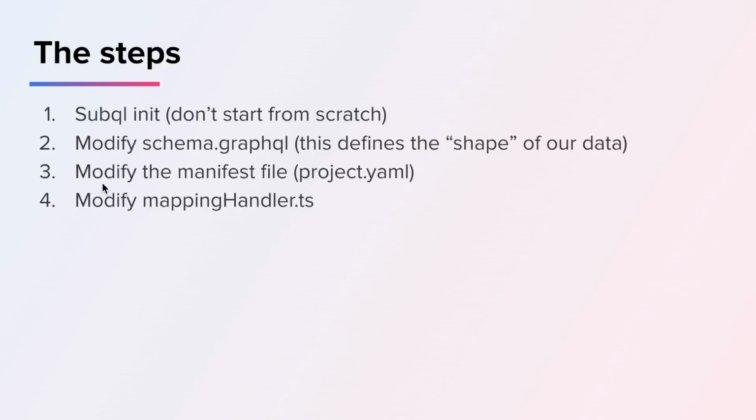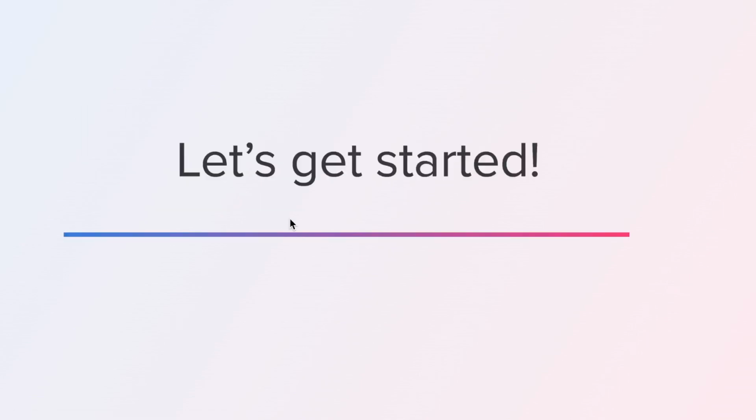The third step is to modify the manifest file, also known as the project.yaml file, and this is essentially a configuration file. The last step in the process is to modify the mapping handler file, and this is where the actual coding and transformation of the indexing data takes place. So with this in mind, let's go ahead and get started.